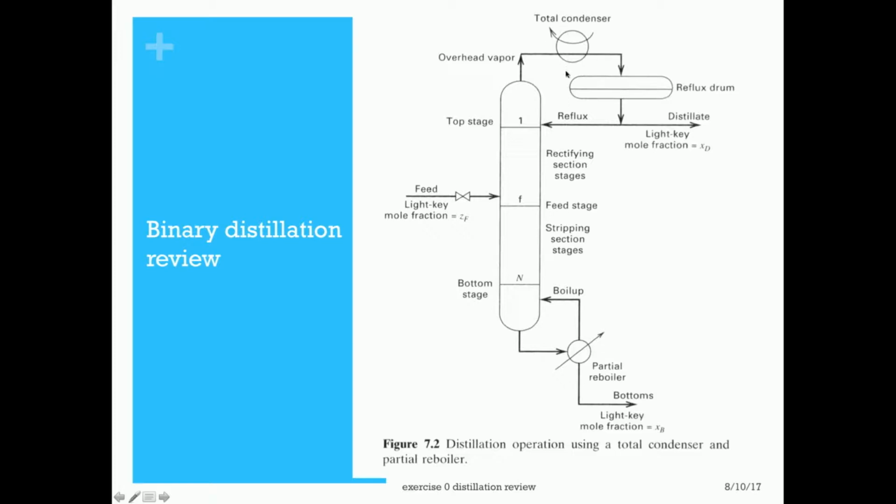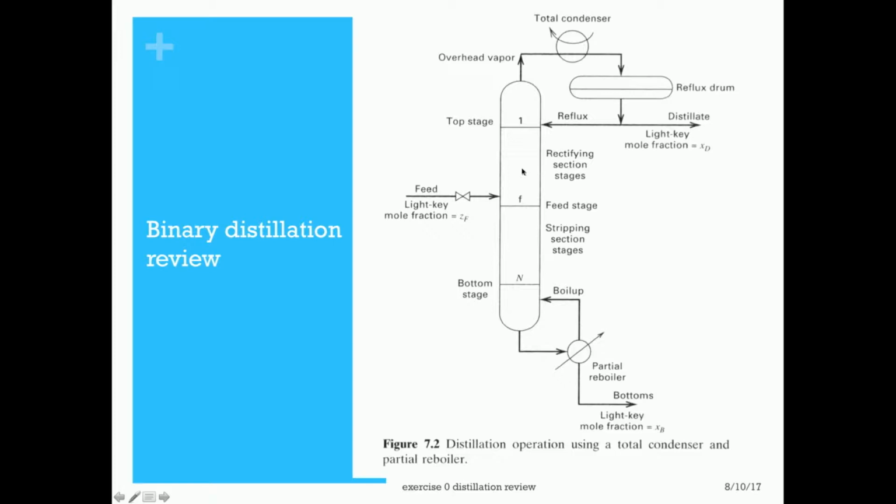Everything is condensed. It goes to a reflux drum where you separate out the liquid. There's a pump which is not shown. It provides pressure to drive distillate out of the process and reflux back into the process. The pressure of the feed and the pressure of the reflux need to be slightly higher than the pressure of the column in order to get the liquid back in.